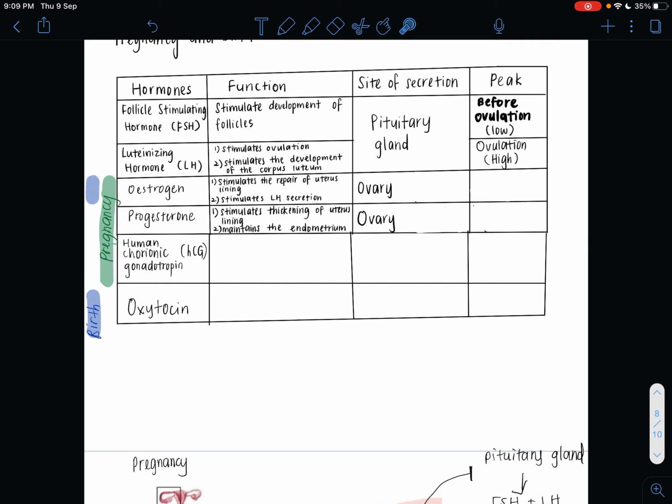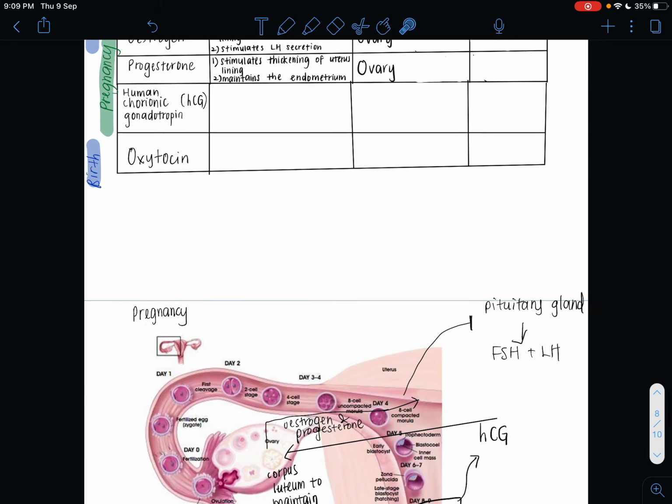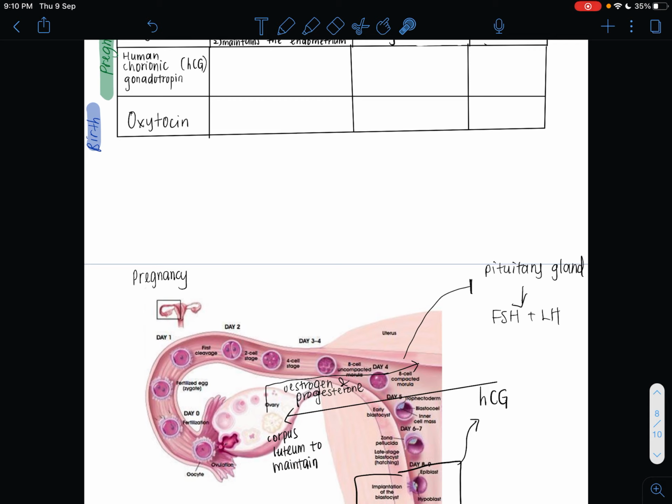Therefore, during the pregnancy period, there will be no development of new follicles. There will also be no ovulation happening. So FSH and LH is inhibited by estrogen and progesterone.